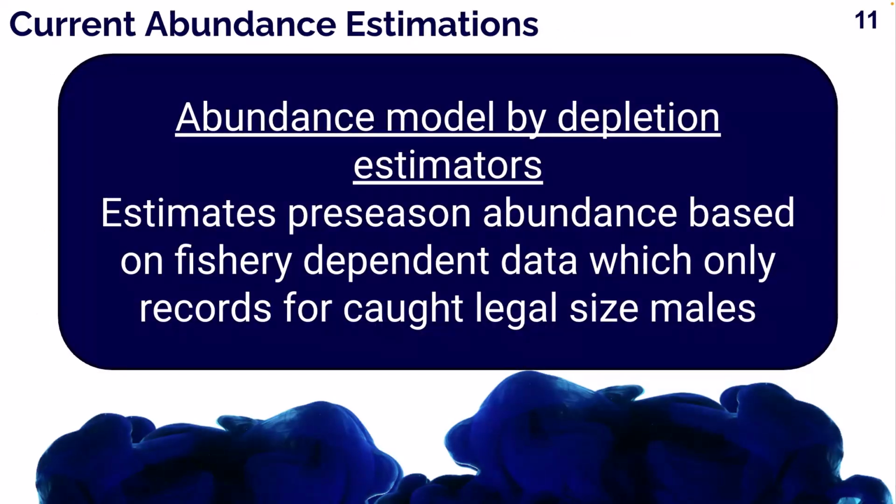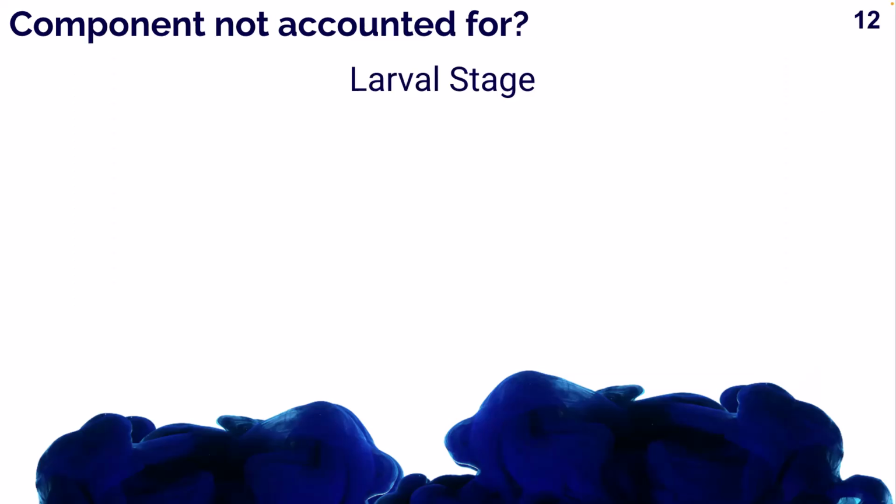This estimates preseason abundance based on fishery-dependent data, which only records the caught legal-size males. This possibly aids that reactionary approach because it tends to miss a key component, which is the larval stage, and that's why it's so important to understand, because that's how we know what we're getting into the fisheries.